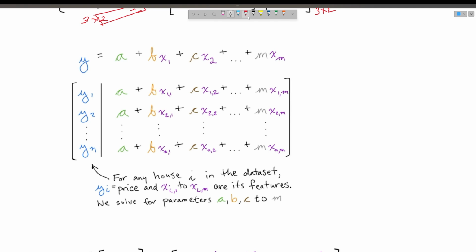Assuming that these are the prices for any house, we have 1 to n, so n number of house prices here, and there are some features, like x 1,1, whatever it is. These are basically the positions in the matrix, to be honest.